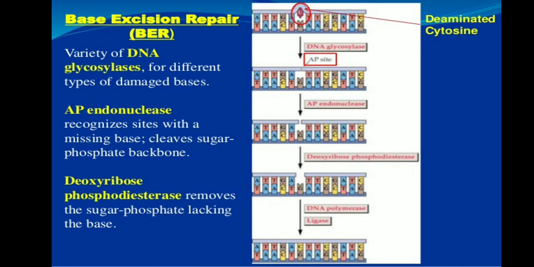The deoxyribose phosphodiesterase then removes the AP sugar phosphate, and then DNA polymerase first performs the repair synthesis by degrading DNA in the 5' to 3' direction, whatever you can see here, while filling it with new DNA by the template dependent polymerization activity.